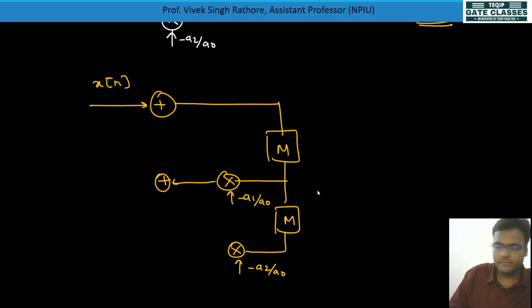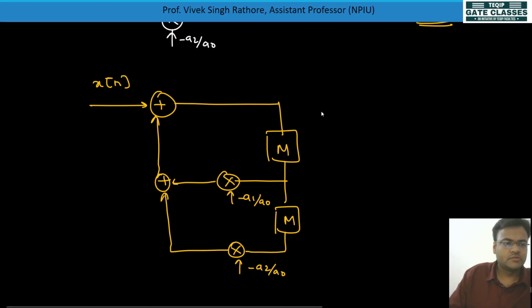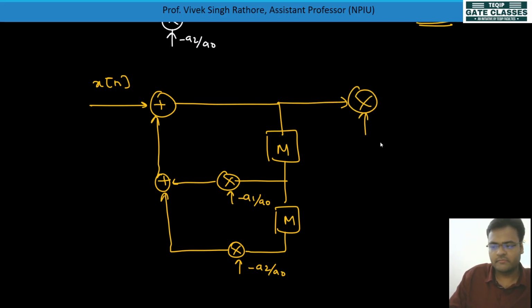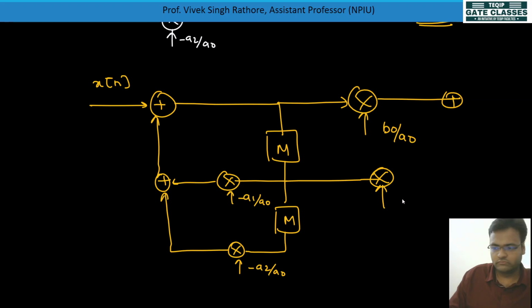Okay, plus sign will be there, and then it will be added here. Okay, fine, and here it will go. And on the right hand side it will go on like this. Okay, b0 by a0, and then it will go on with a plus sign, and here also one more will go on like this, b1 by a0, and then it will go on here, and this is y of n.